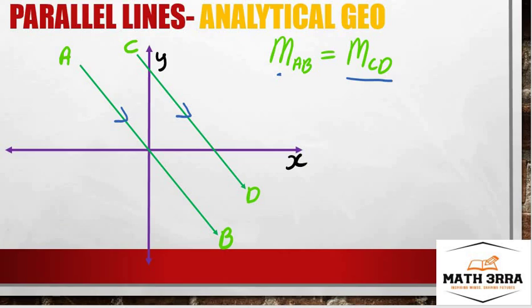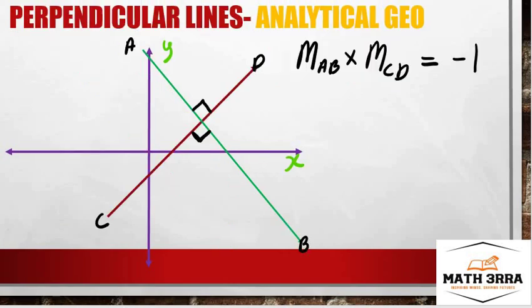Now, what of perpendicular lines? The lines where the angle between them is 90 degrees, like so. When the two lines are perpendicular, like line AB and line CD are perpendicular in here, when we multiply the gradients of perpendicular lines, they give us what? -1.